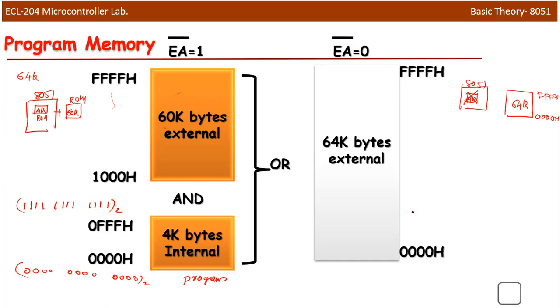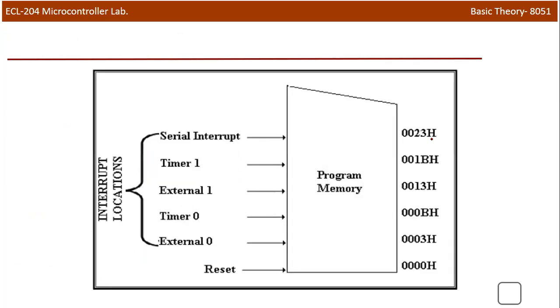So you can see the address range. And some additional points you should remember in the case of program memory. Program memory starts from 0000H. When the microcontroller resets, the program counter automatically points to the 0000H address. We already mentioned that some interrupts are possible in the case of 8051, and these memory locations are dedicated to these interrupts.